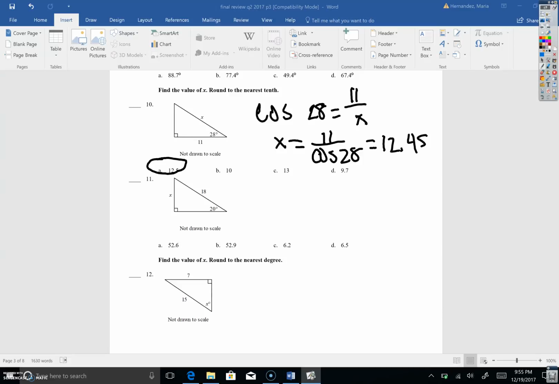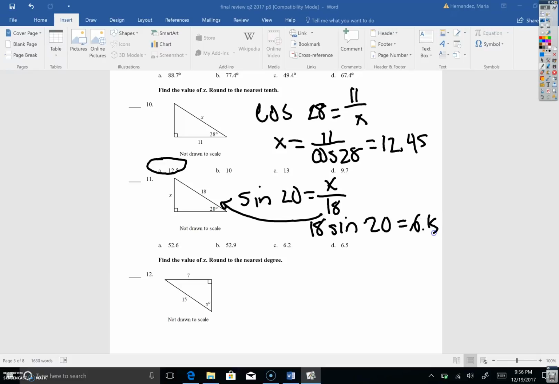Okay, here finding x, we have sine. So sine opposite over hypotenuse, which is x over 18. We move the x over here, so we have 18 sine 20, and so we have 6.15, which is 6.2.